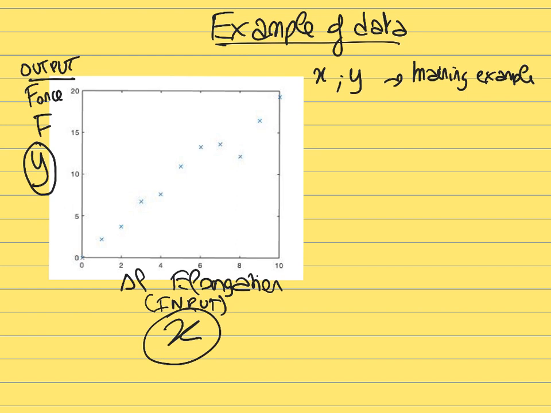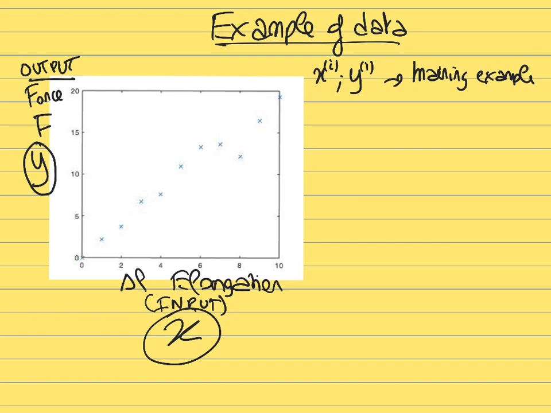You need to provide several examples of different elongations and the corresponding forces. You're going to do this several times and get several training examples. In order to distinguish the different training examples, we are going to list them in terms of an index variable, which is going to be i. We are going to write it like this: xi and yi.